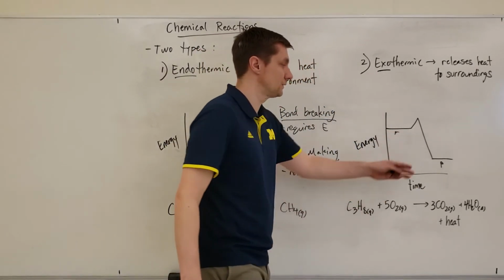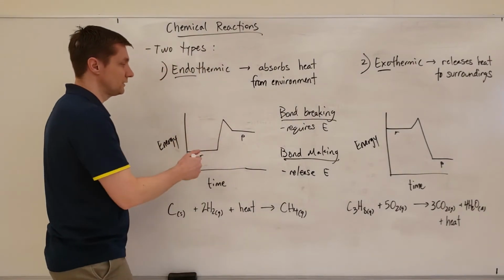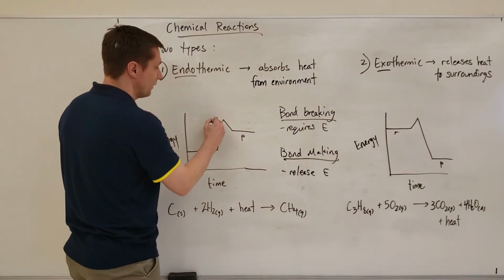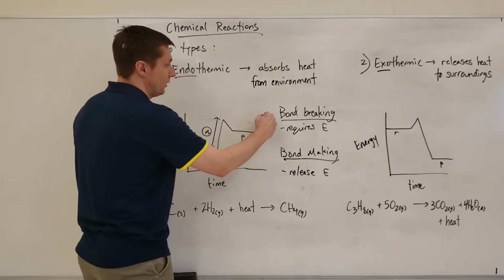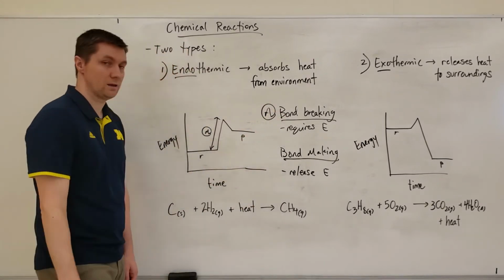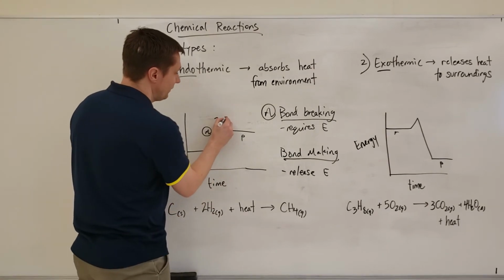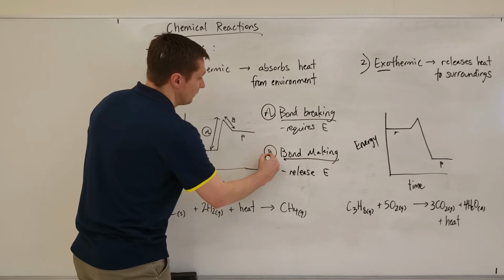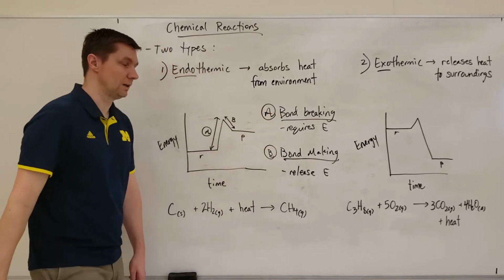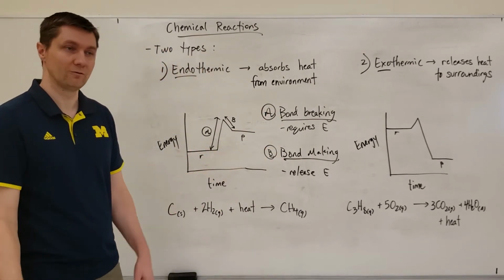So my reactants and my products are there. So if you take a look on this diagram, from here to here is bond breaking, A. And from here to here is B, which we'll call bond making, or forming of bonds.